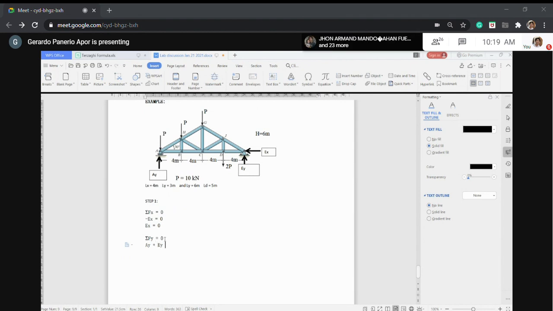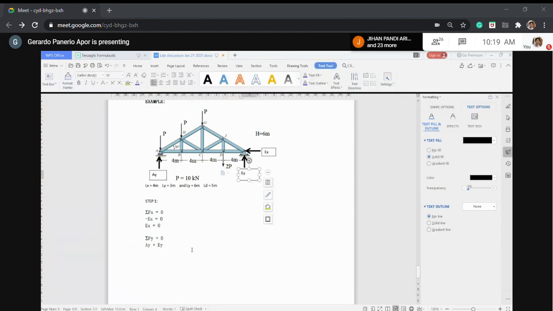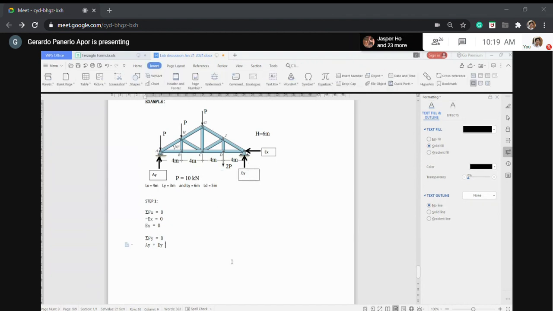No doubt they are positive because they are directed upward. Then, for the sum of all vertical forces, I have minus P on the other side, minus P on H, minus P on G, and minus 2P. All of them are negative. That means AY plus EY is equal to 5P.